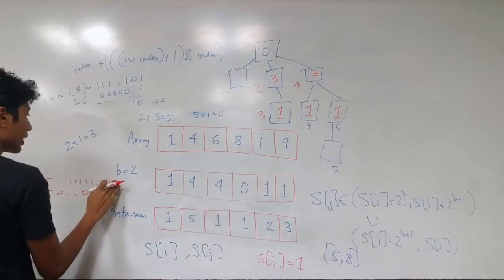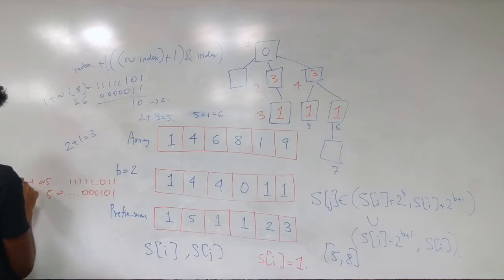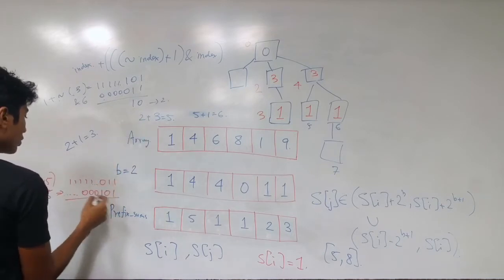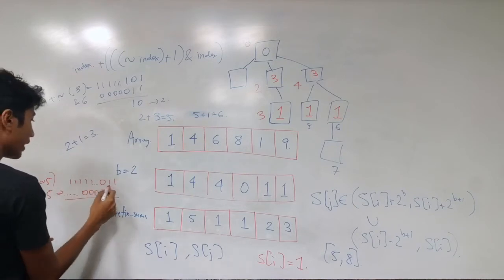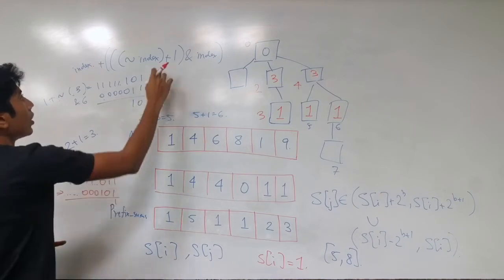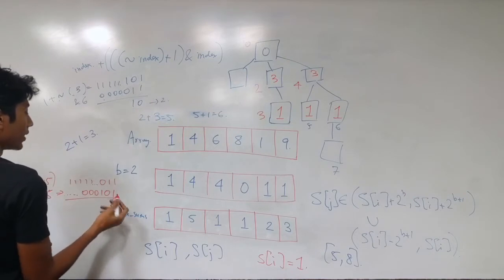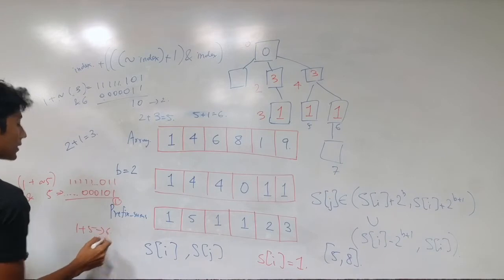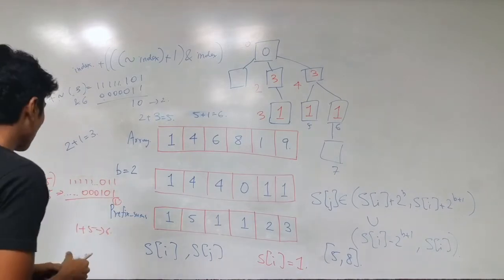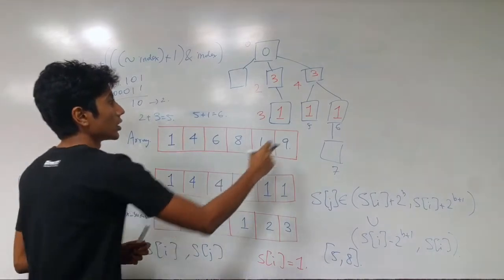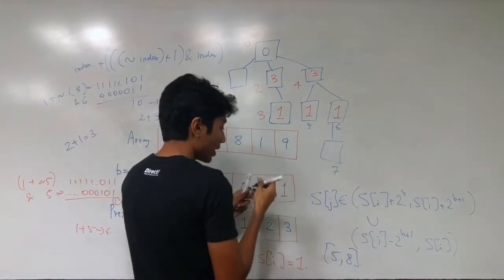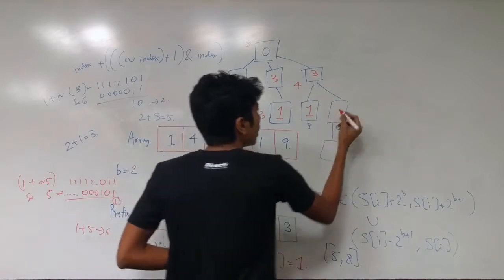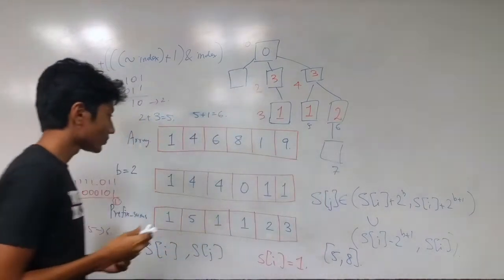Plus 1 to that is going to be this number, and you AND these two to get 1. Okay, so this is what we have, 1. 1 plus 5 gives you 6. So we need to update 6, which is whatever value was here, 1 plus 1. So finally we have found a common node which is having value 2 now.